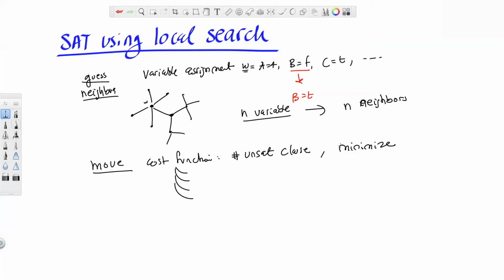Then you look at your neighbors and compute the score of each one of them, and you try to go to the one that has the lowest score. So if you're here and you're unsatisfying 15 clauses and one of your neighbors will only unsatisfy 9, then you go to that. You go to the one with the lowest.